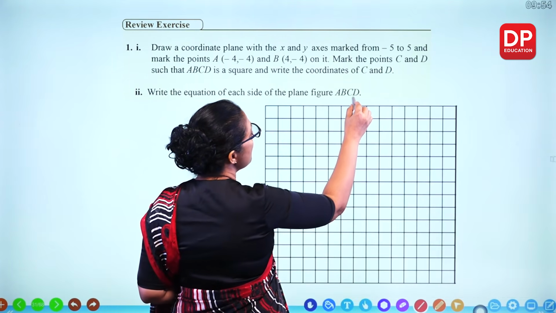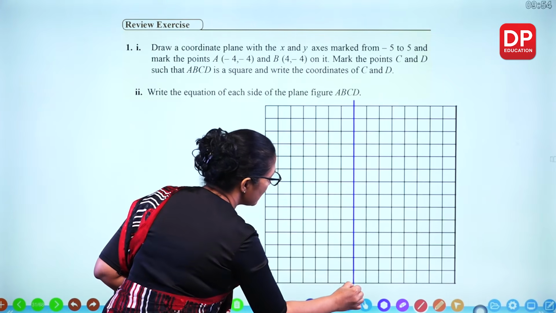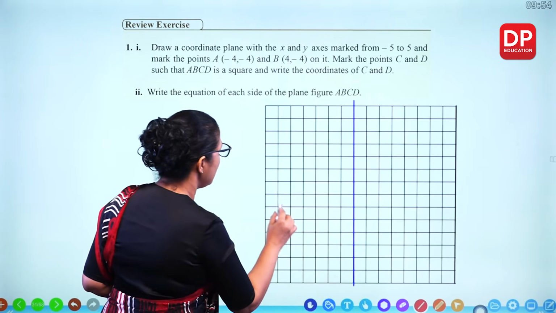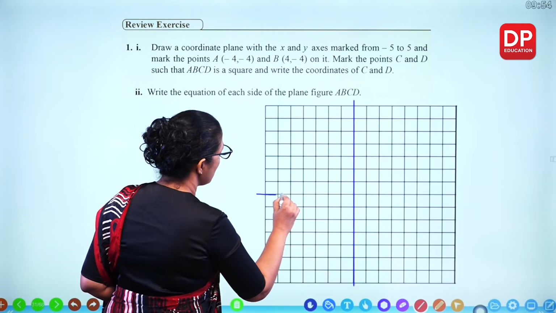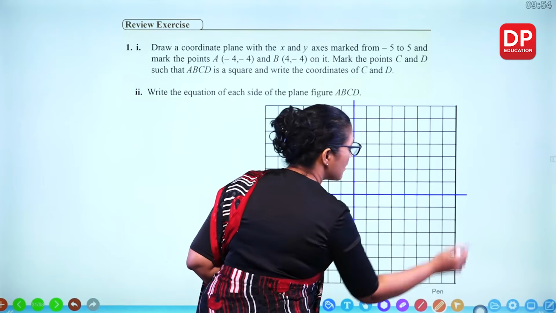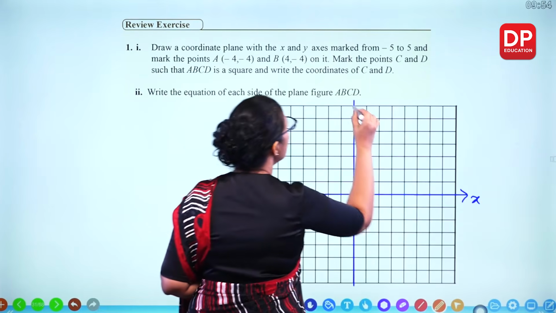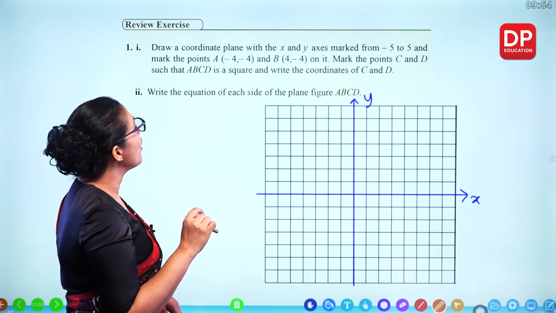We'll take in the middle, this one is the y-axis. And here draw the x-axis in the middle.